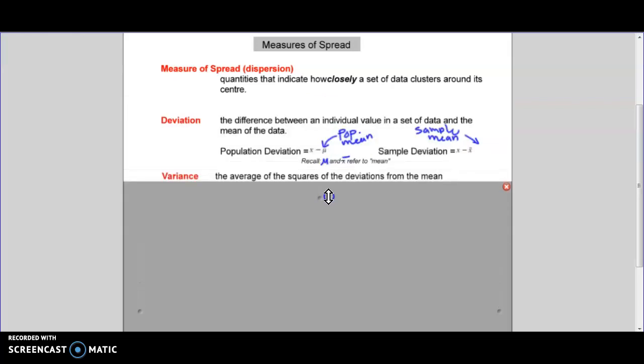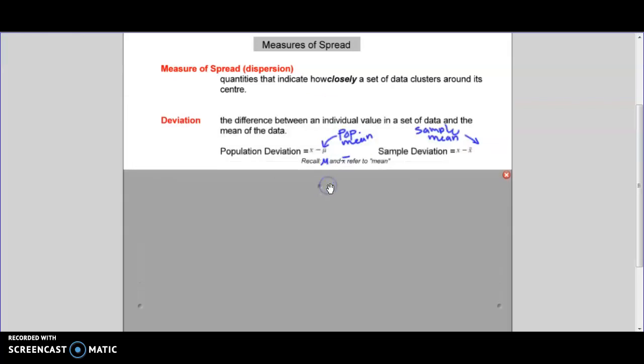Okay, so a couple of definitions here before we get into the example. So deviation is the difference between an individual value in a set of data and the mean of the data. Basically you take each of your individual values and see how far away they are from the mean. So example, if our course mean was 80 and your mark was 83, you would do 83 as your x value minus 80 as the mean.